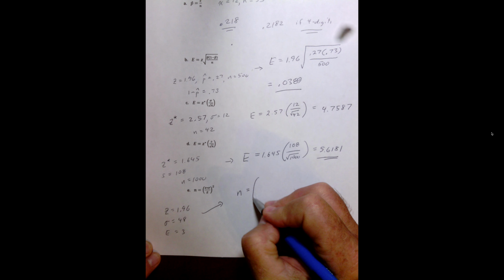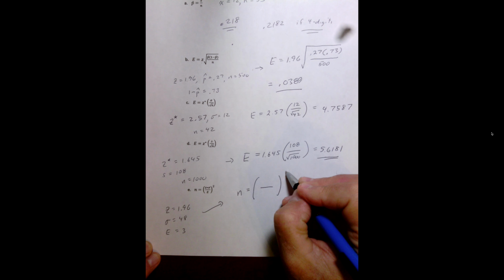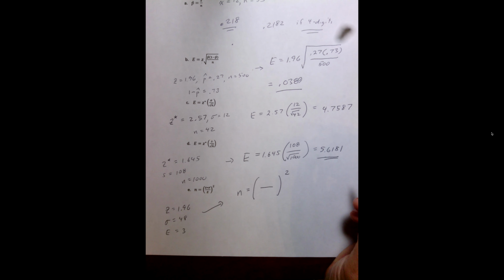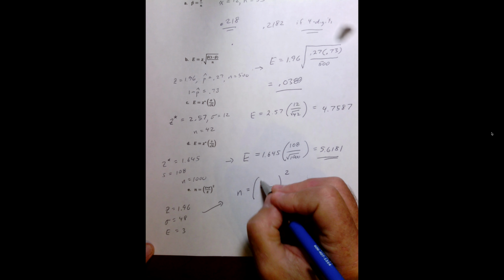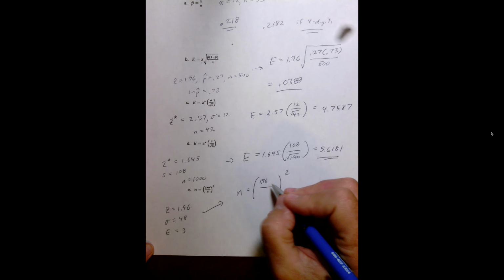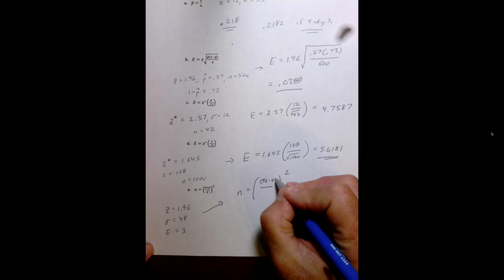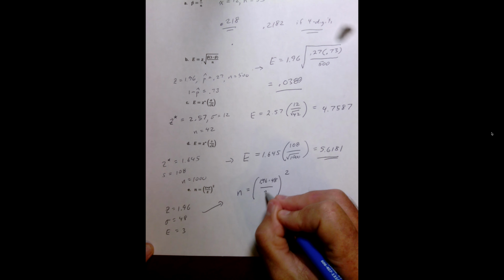So notice everything needs to be squared. So the Z is 1.96 times the 48 over the 3. So put yourself to the test there. Just quickly grab your calculator.